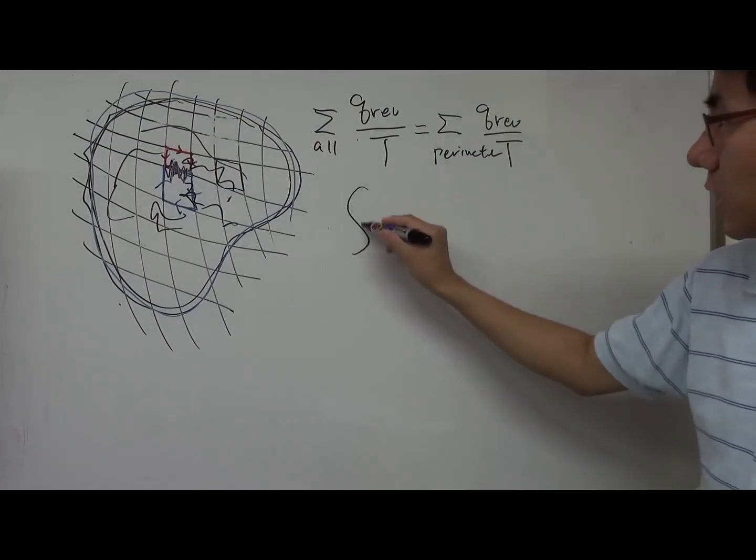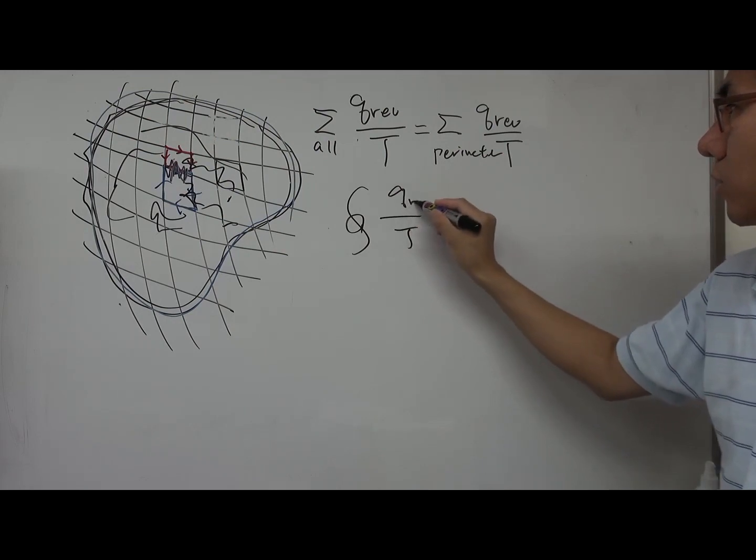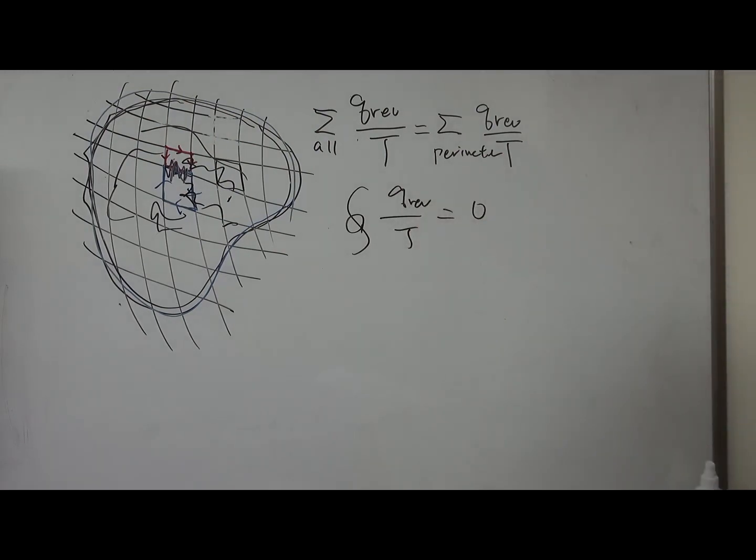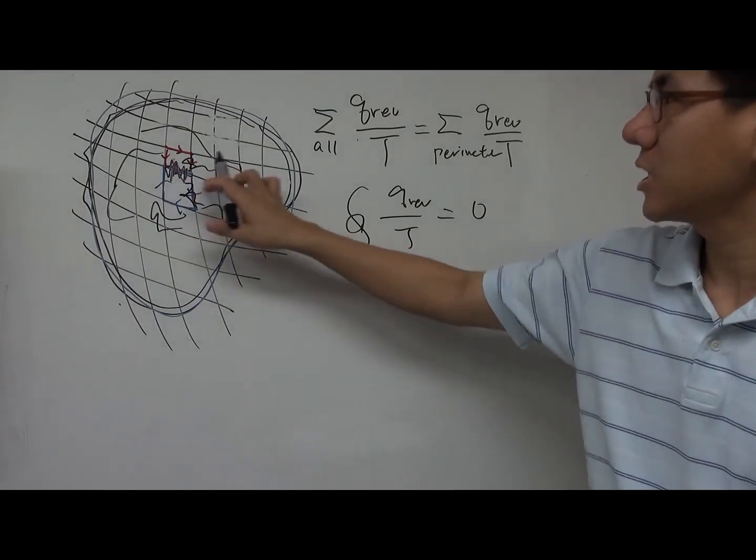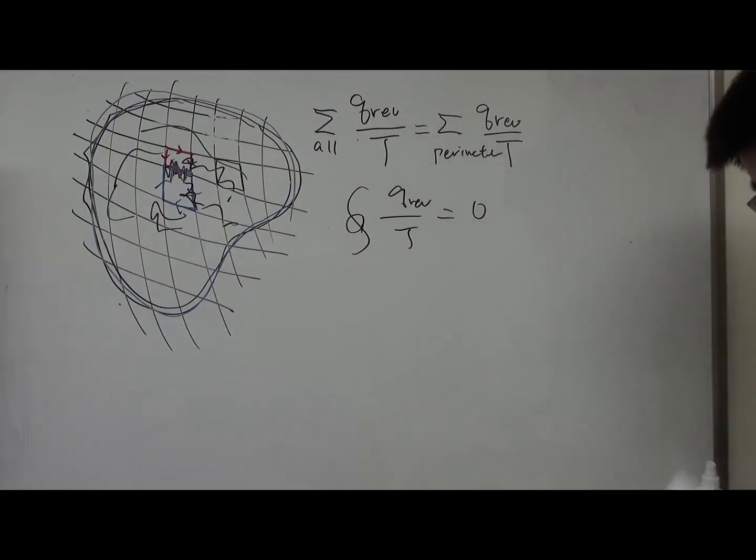Which means that the integral of Q reversible over T is 0 for any cycle, not just for a Carnot cycle, because any reversible cycle can be considered as many small Carnot cycles. So finally, we demonstrated that entropy is a state function using these 3 steps. All right.